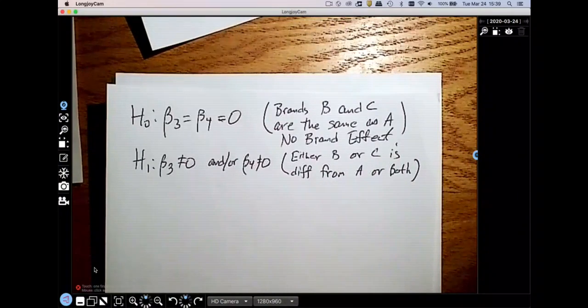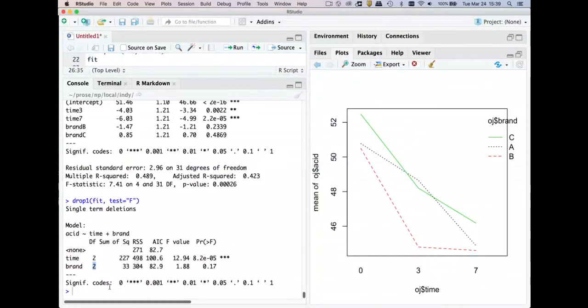All right, so if we go back to our output, this number right here says our objective function increases by 33 if you fit the null model, where you constrain those two betas to be 0.